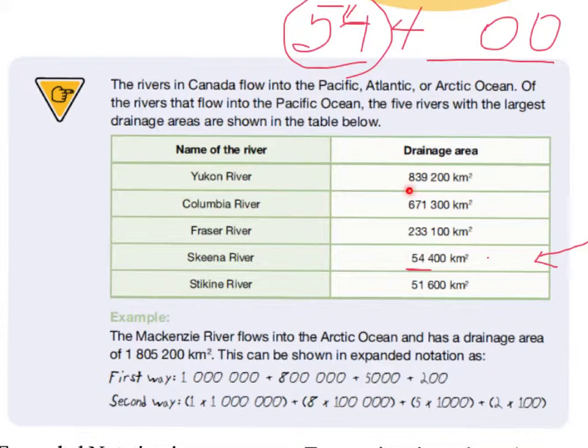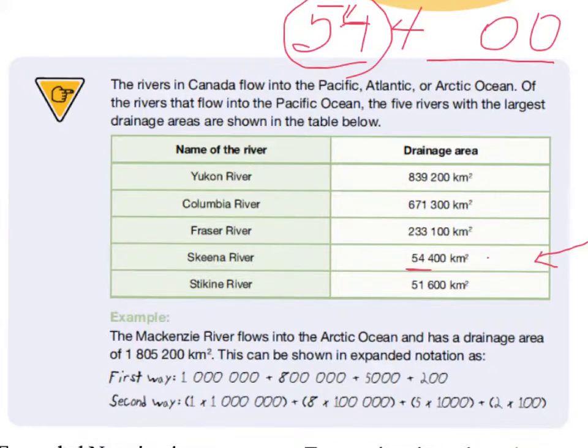So we would say 839,000, because that's the end of that period, 200. This last period, which is actually called the units period, we don't say the name of. We only say the name of the first period. 839,200. There should not be any ands. If you say and, that actually means a decimal. So do not say and. That's a very common mistake.